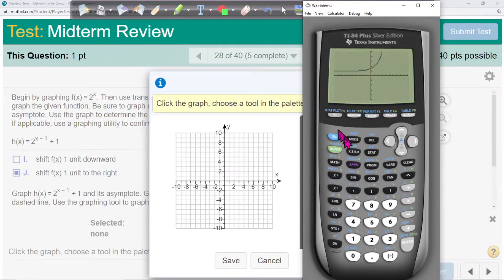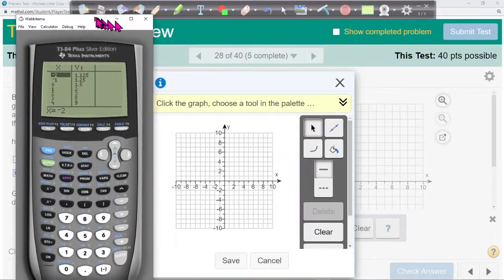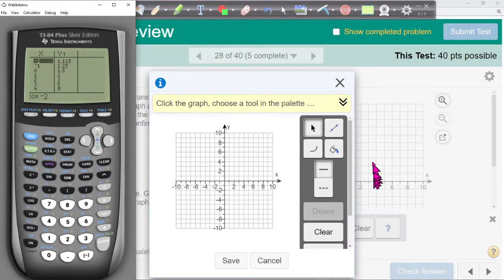And then usually with the graphing tools, we have to plot some points. So we've got some points to plot here, maybe 1, 2. Let's move this over here. Let's see how we can graph this. So we want to do a dotted line for the horizontal asymptote, and that's at 1. How do we do that?